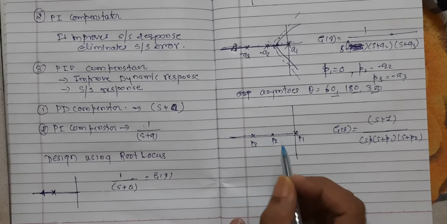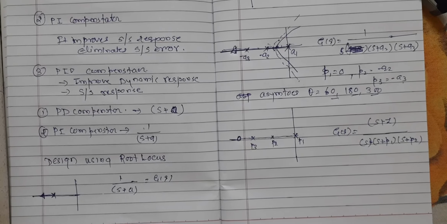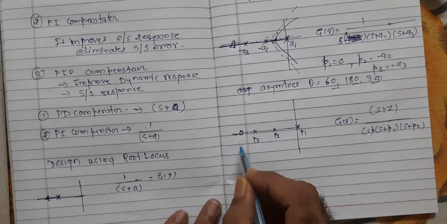Now assume that my zero is here. We will see the conditions.